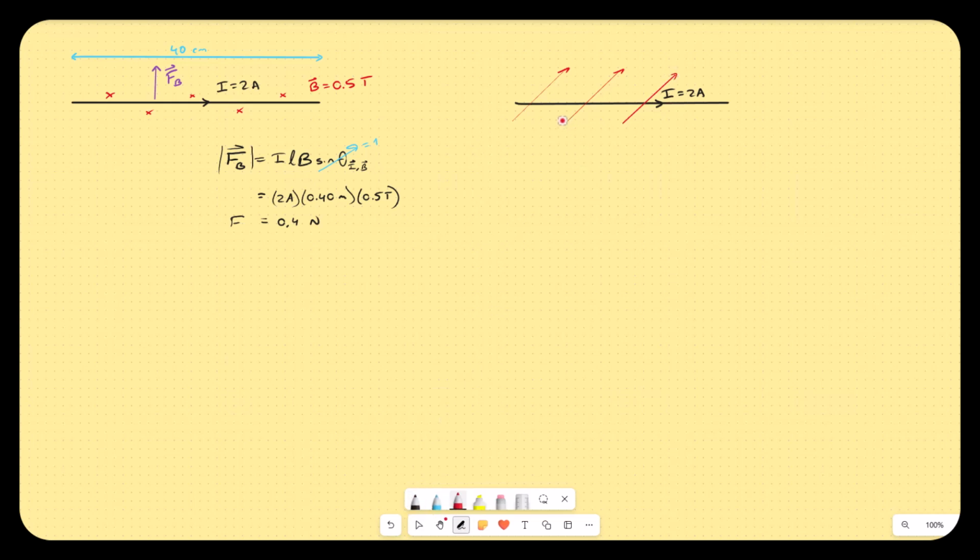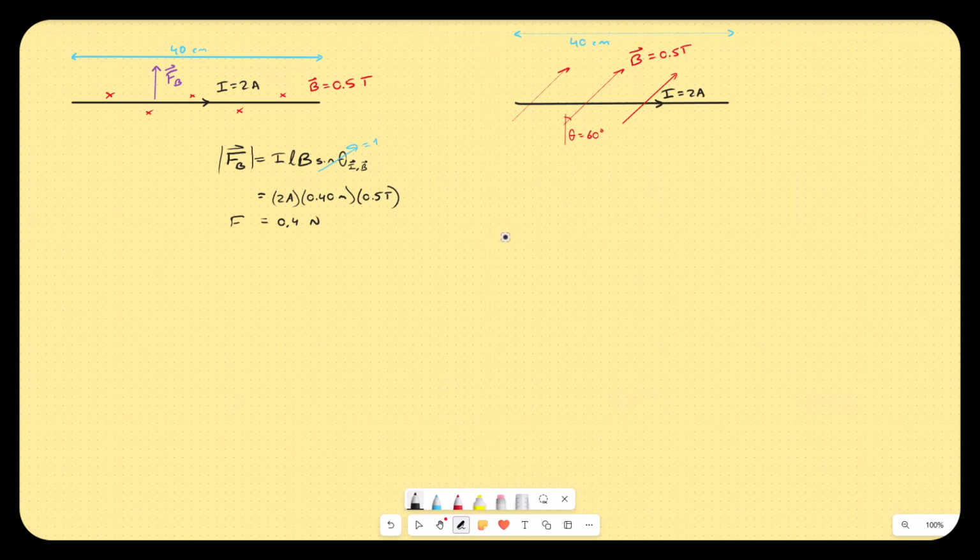So this B field is making an angle right here with the vertical of, let's go 60 degrees. It looks more like a 60. We'll keep the B field at half a Tesla, and we're going to keep the wire at 40 centimeters. So all we're doing is rotating our B field a little bit, but that's enough to make a little bit different of a problem.